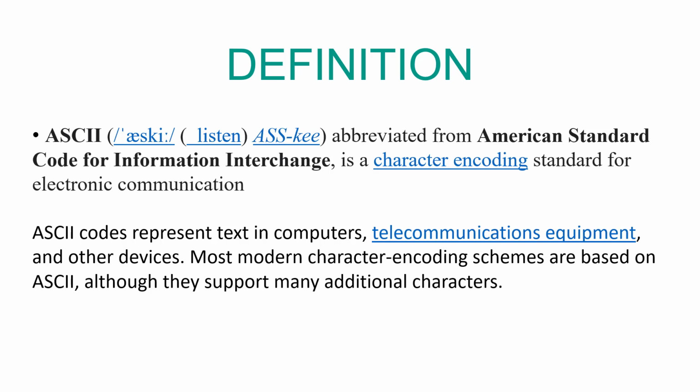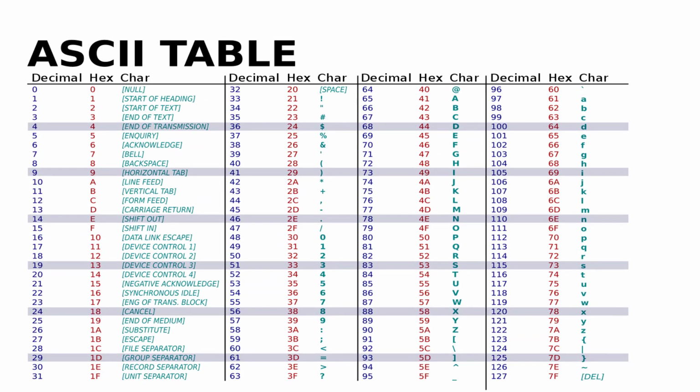Most modern character encoding schemes are based on ASCII, although they support many additional characters. So this is an example of an ASCII table. You can see the decimal, hexadecimal, and the characters representing different kinds of letters and characters. If you want to know more about the ASCII table and ASCII, you can search online.